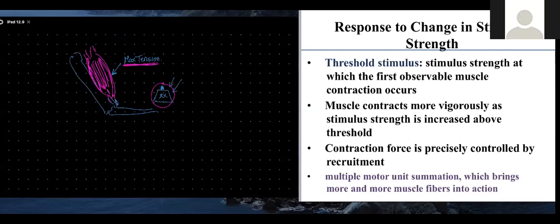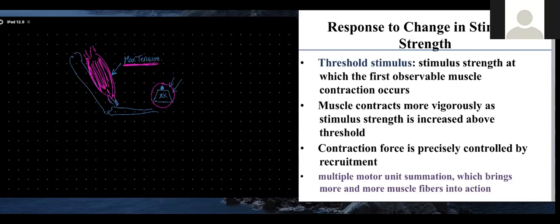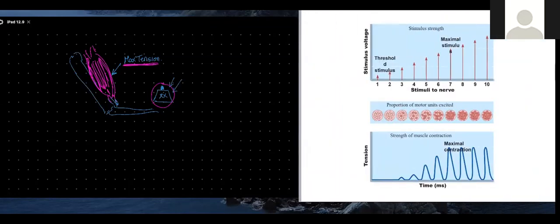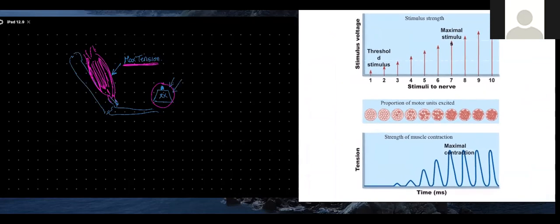All right, so we're looking here at another factor that will be affecting how strongly the muscle will be contracting. If you remember, inside the muscle we've got muscle fibers, and those muscle fibers are going to be responding to the stimuli coming from the nerve cells.